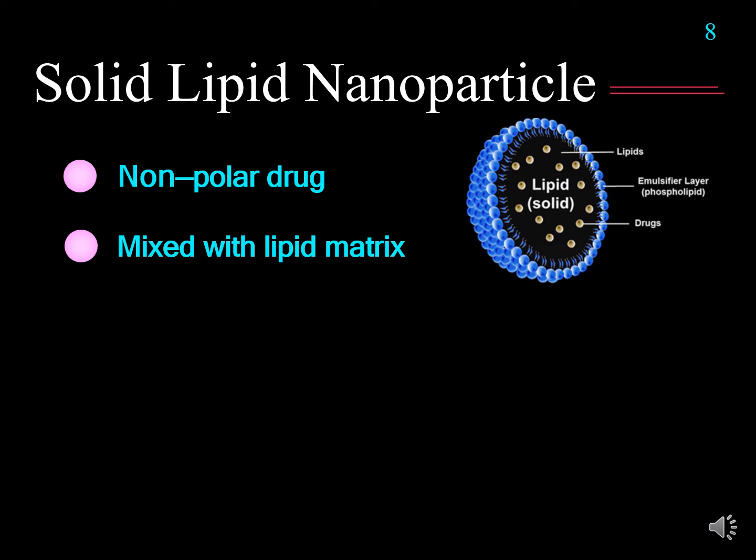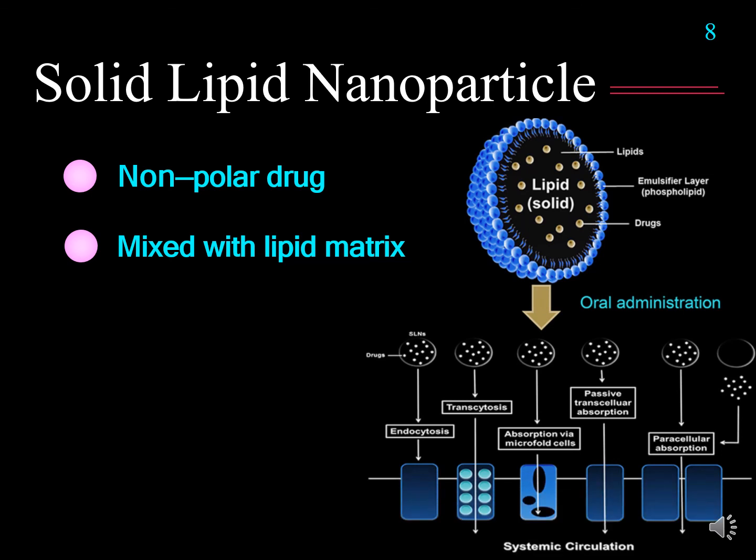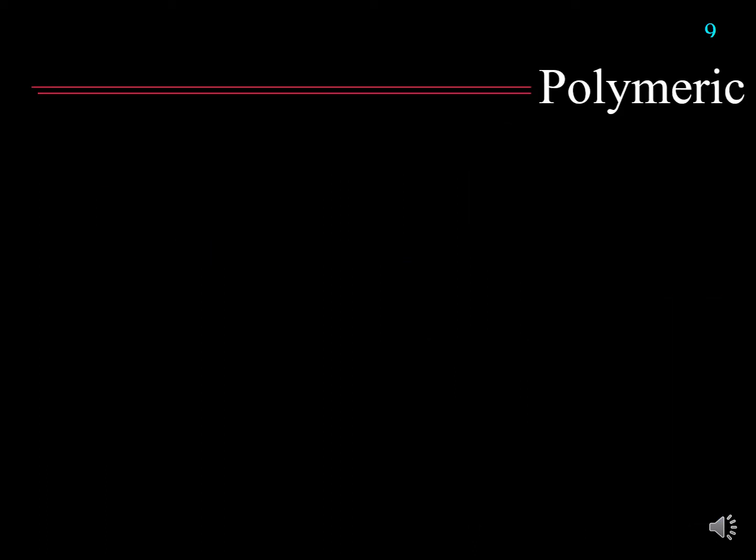At the end we have solid lipid nanoparticles, which are very similar to lipoprotein but without the protein on the surface. These can be used by oral administration, eaten, and then they get into the circulation of our body afterwards. So this is for nonpolar drugs.